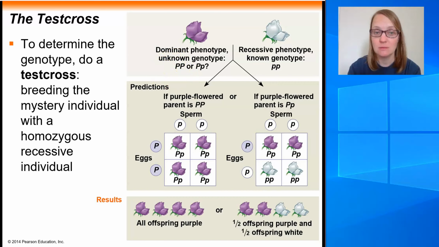The other option is, what if that purple flower, the original parent, was a heterozygote? In this case, we look on the right-hand side. For that purple flower being a heterozygote, 50% of the gametes would get the dominant allele, and 50% of the gametes would get the recessive allele.